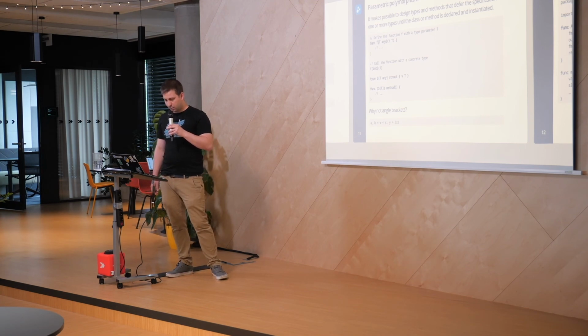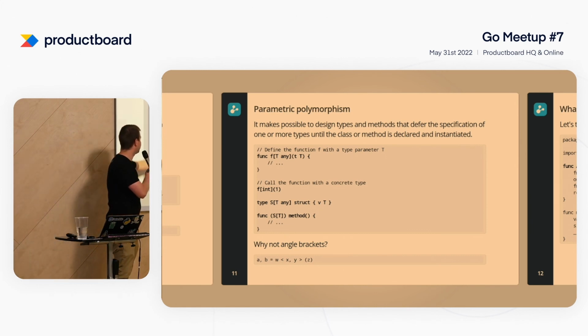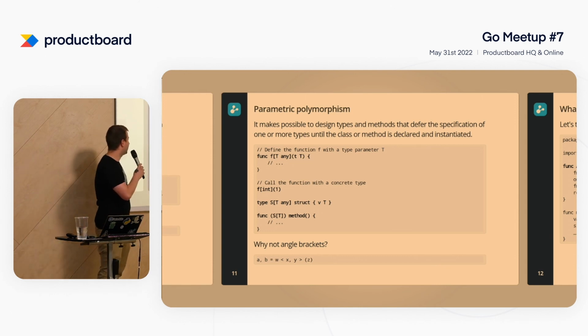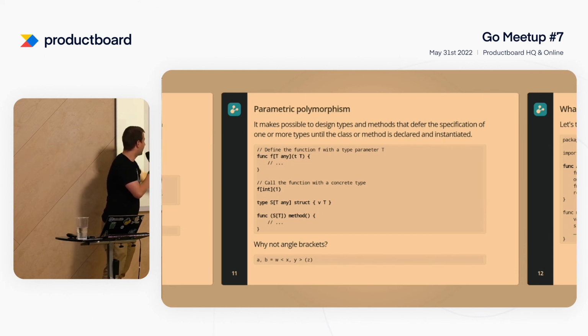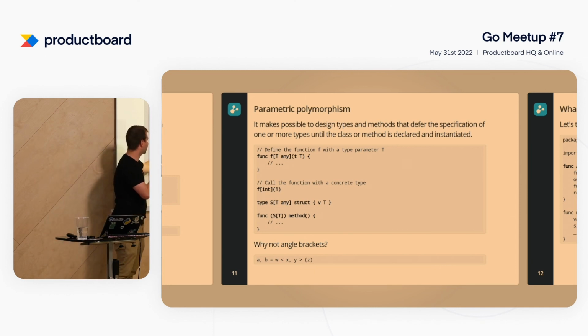And later, when the function is called, we don't have to, but we can specify the type before the call of the function. It's the same thing for a struct or any other type that we define, in square brackets, the type, which can be in this example anything.